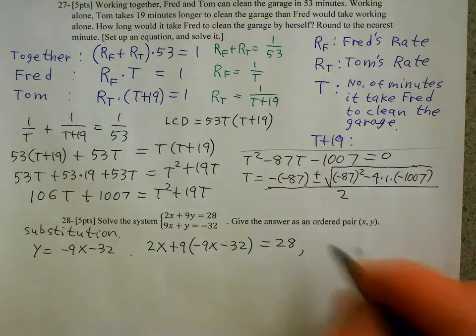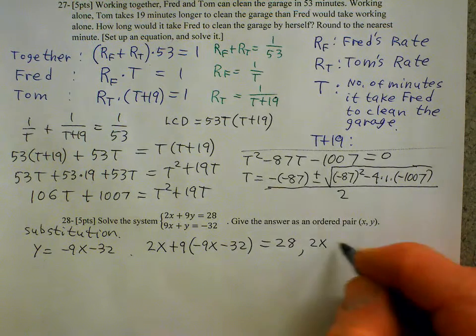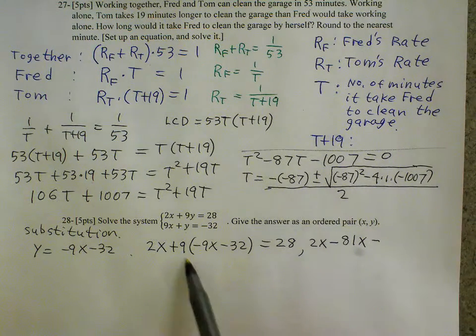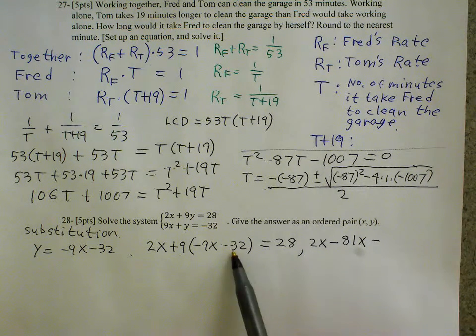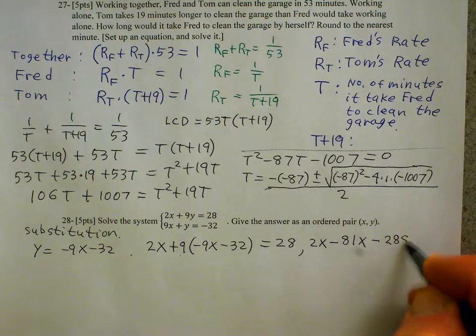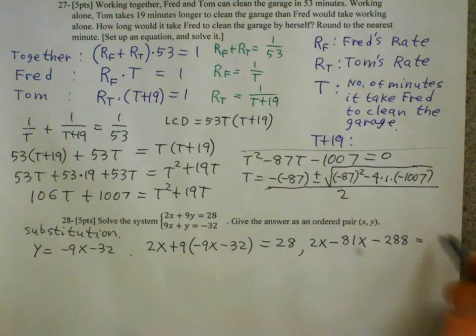So we'll get 2x. 9 times negative 9x becomes minus 81x. And then minus 9 times 32, that's minus 288. And then the right-hand side is 28.